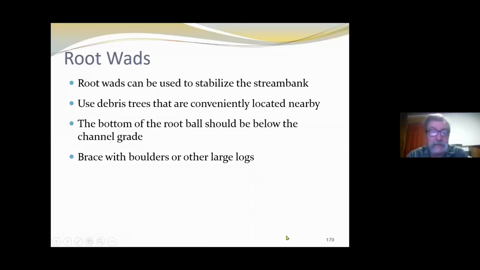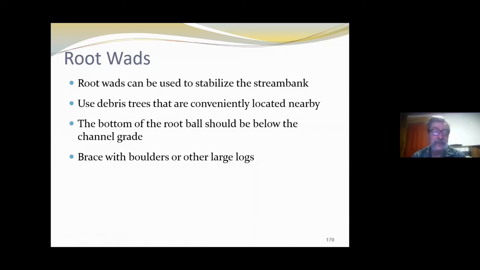When we look at root wads, a lot of times you have a lot of material on site. And if you have an avulsion, such as Jeff talked about, some of that woody material can be used to stabilize the stream bank temporarily, until you can determine whether you need something a little bit more durable than root wads.